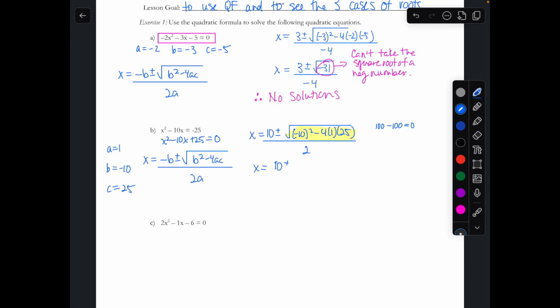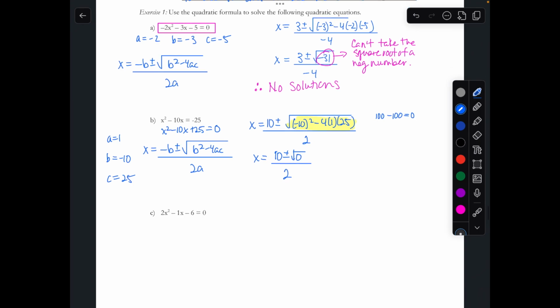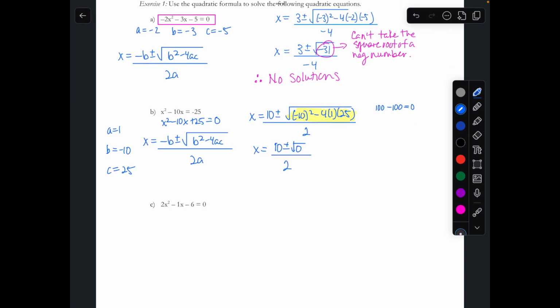So I get 10 plus or minus the square root of 0. This isn't meant to be a trick question, but maybe it is a bit confusing. What is the square root of 0? It's just 0, so that part goes away. So in this case, x equals 5 is my solution, and I'll notice that there's only one solution to this.